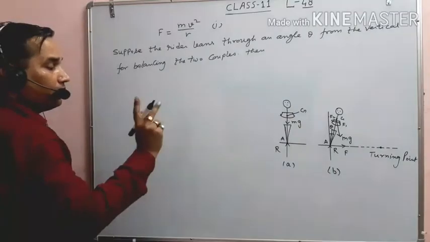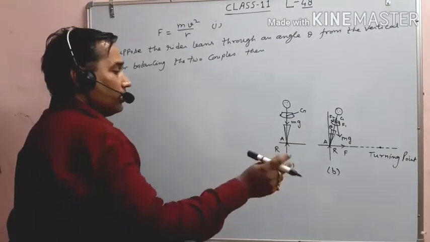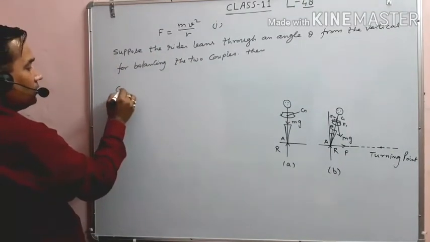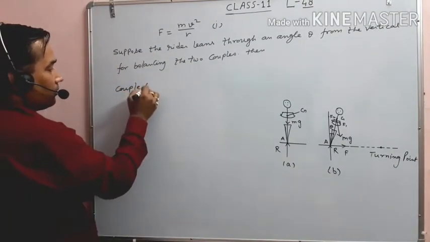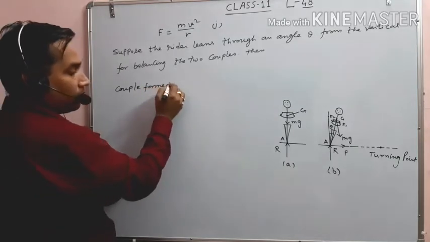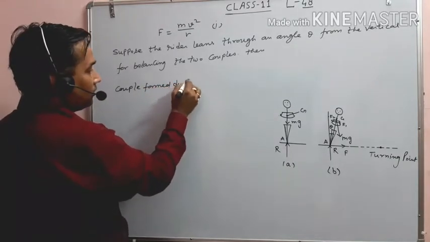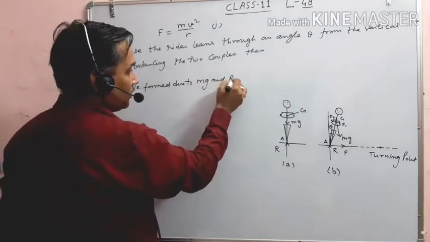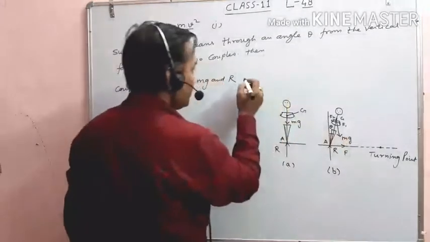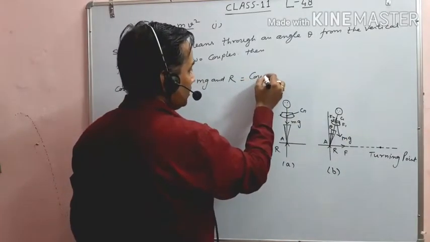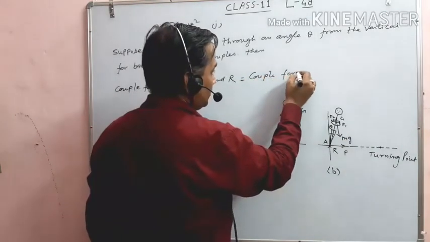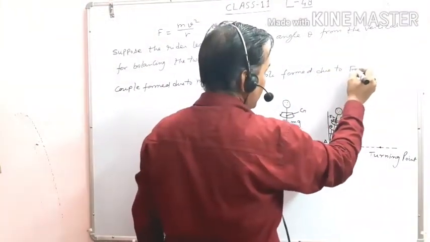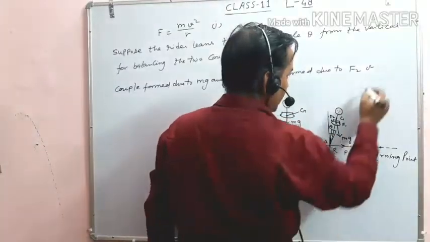So now two couples of forces are acting here. One couple is formed due to mg and R. This is equal to the couple formed due to F2 and here F.